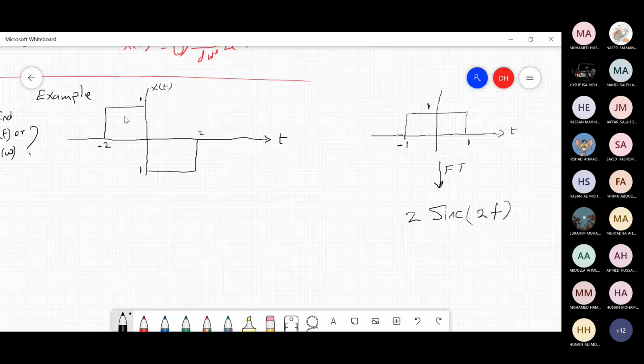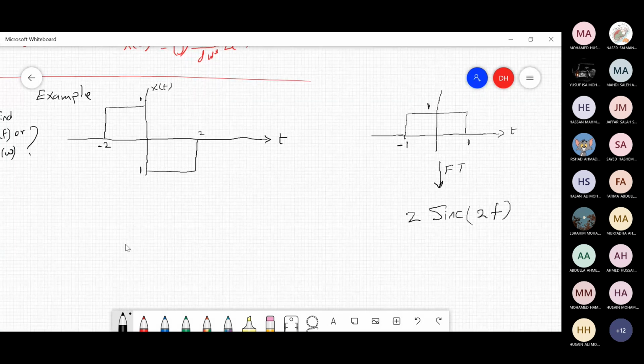Okay, what is the relationship between this and this? Can I make use of this to find this one? Yes. Well, if you take this one and shift it, you will get this part. Okay, if you shift it here, then you will get this. And if you shift it to the right, you will get this one. It is as if I have a shift.